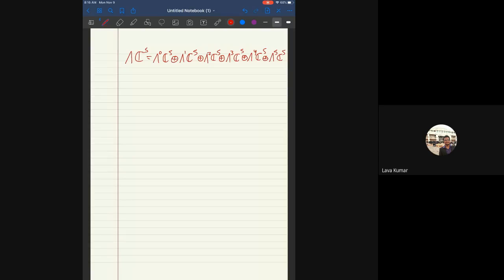Okay, and again, the dimension of lambda p of C5 is 5 choose p.